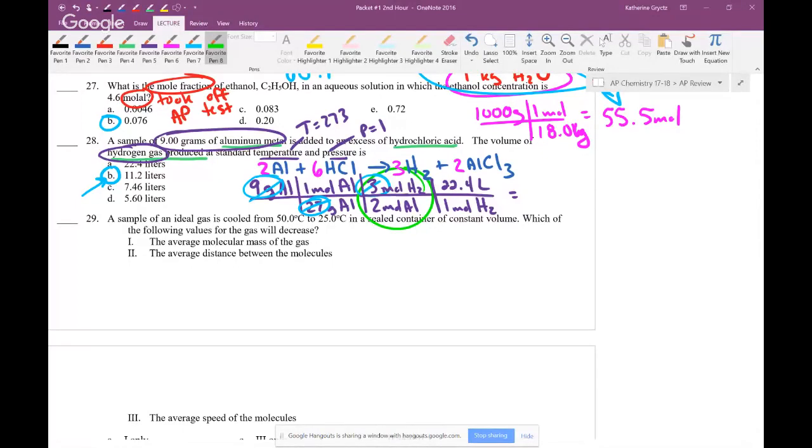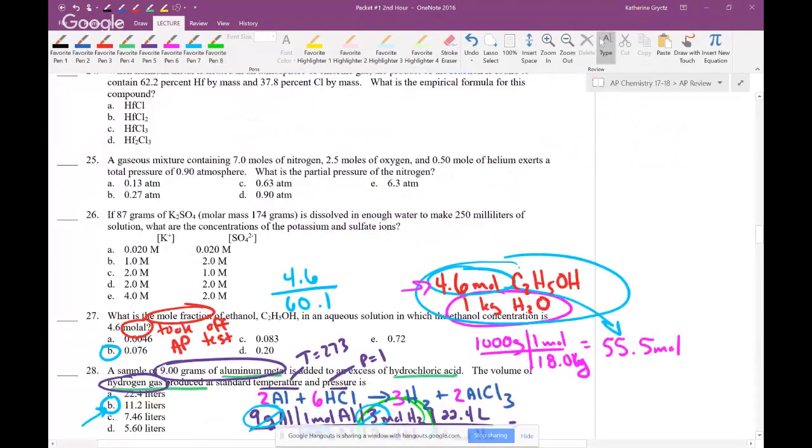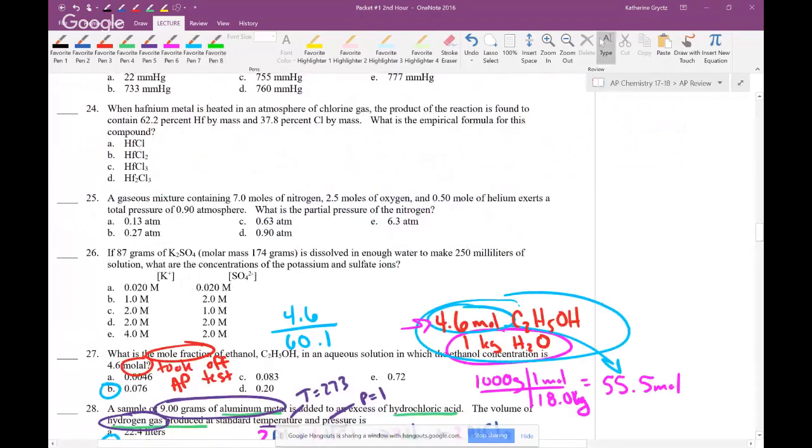This one's easier without a calculator. So on 24, I'd make my percent the grams again. It would be grams, and then we do the same thing.